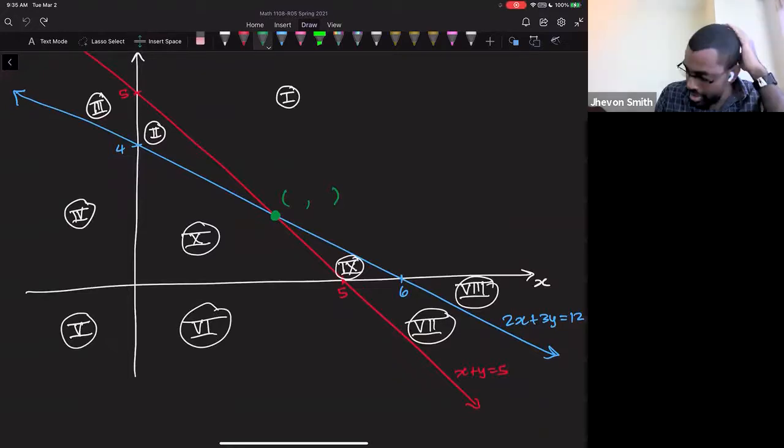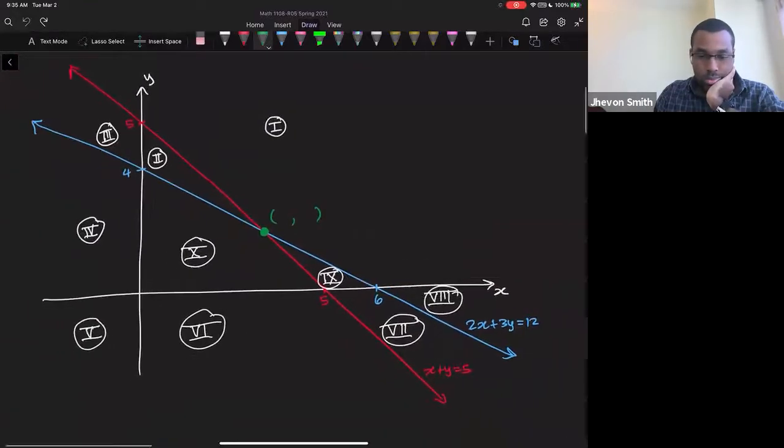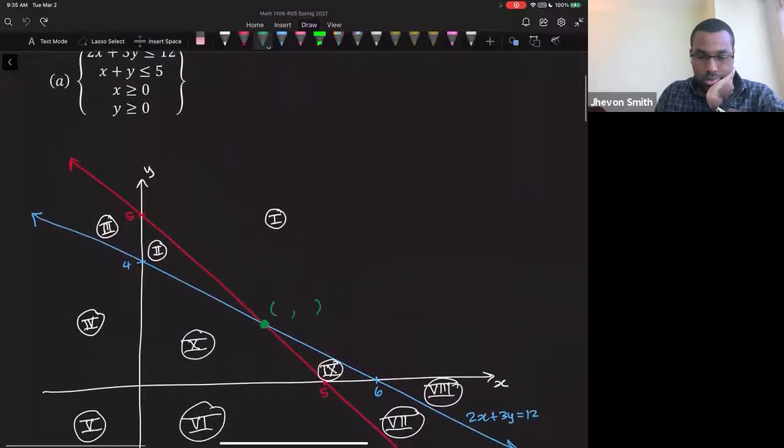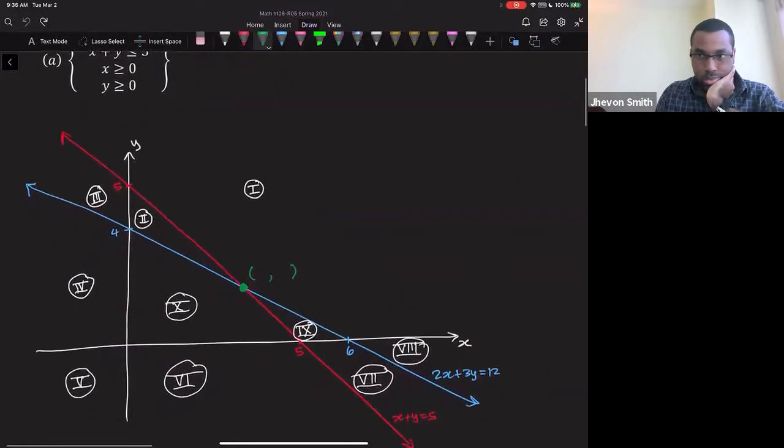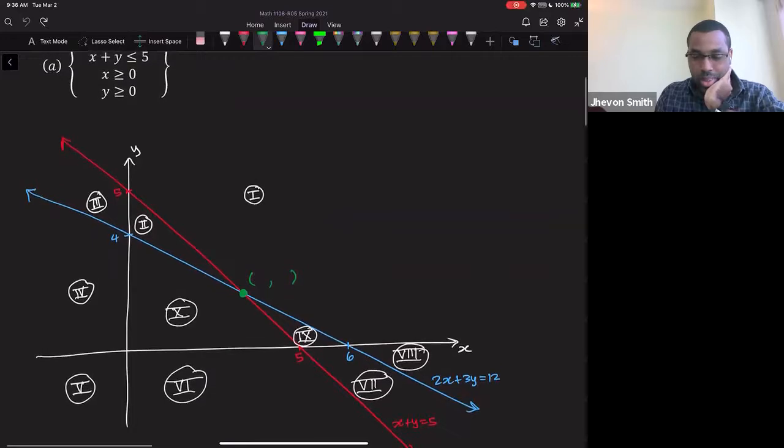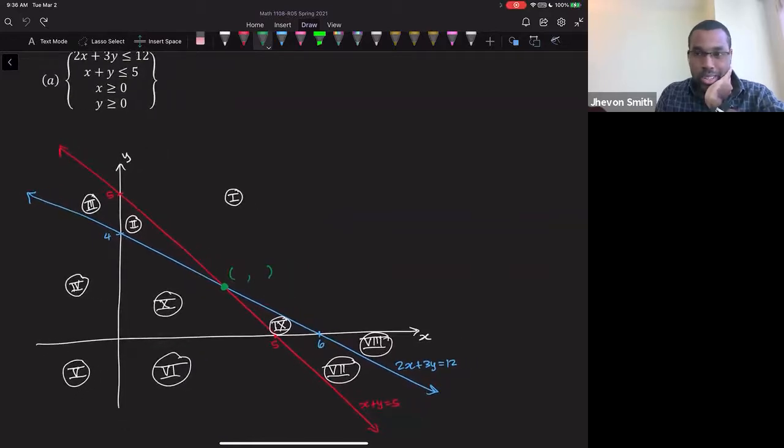You can just tell me. You don't have to raise your hands or wait on me to call on you. Did anyone find it? How would you find it? I want to find that green dot. What would I do?